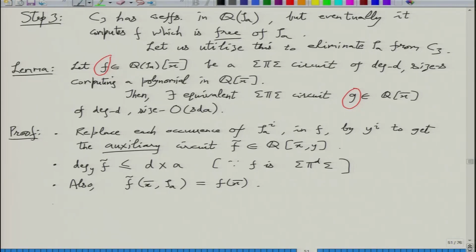How do you use that? So basically use the fact that zeta a to the j becomes rational if and only if j is divisible by a.